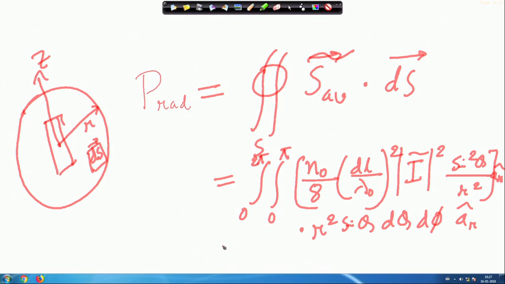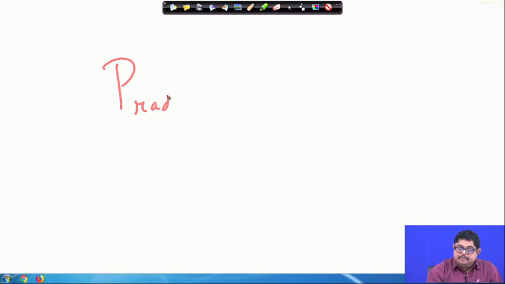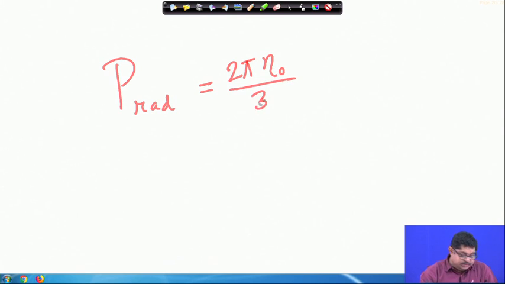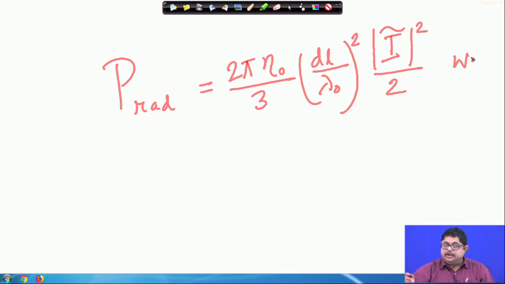If I do this, then let me go to the next page, I can find that this will be 2 pi eta naught by 3 times dl by lambda naught square, I square, in watts. So, the radiation intensity integrated, the total radiated power, is this.